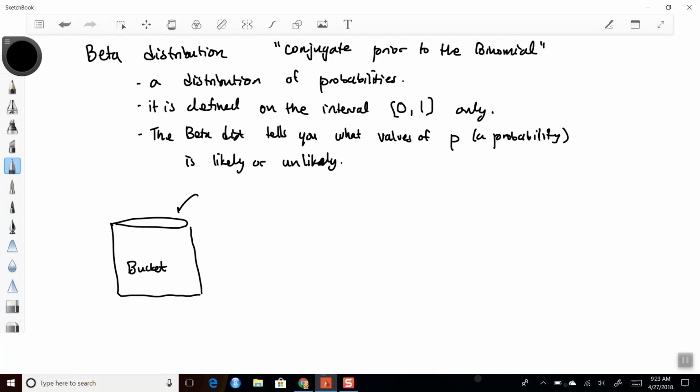So we put in a red, and you get to see this: one red and one green go in. And then you close your eyes.